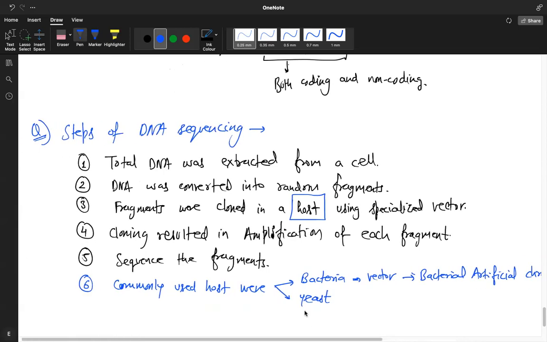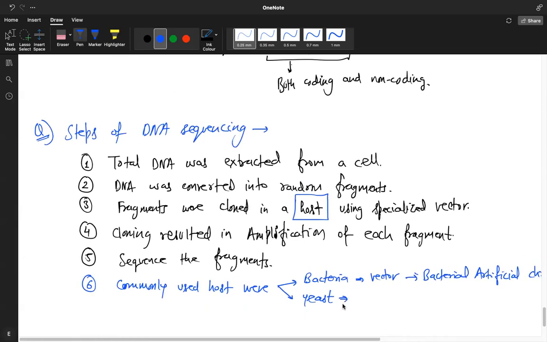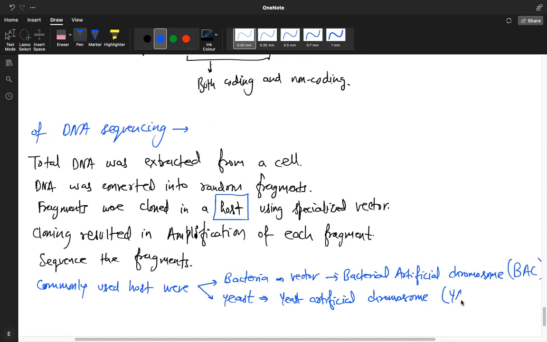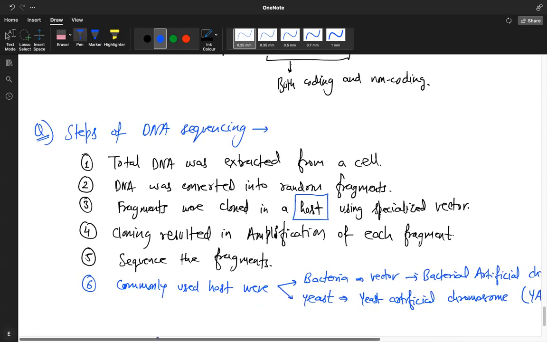BAC. Okay. And in yeast, the vector was yeast artificial chromosome. Simple, not difficult to remember. YAC. Okay.